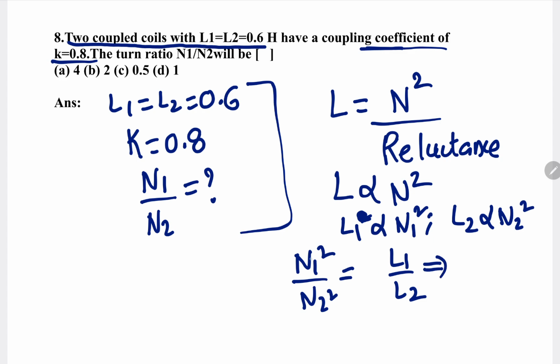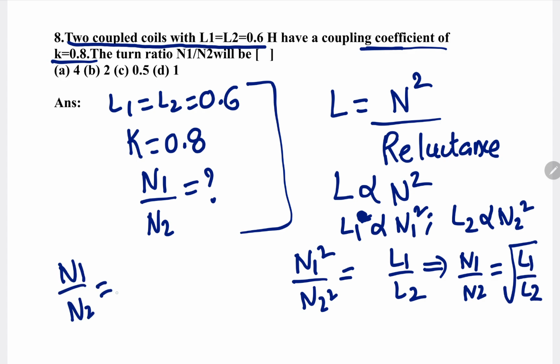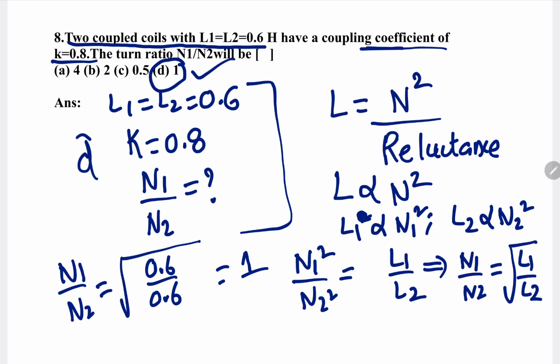But I want only N1 by N2 value. So N1 by N2 is equal to root of L1 by L2, that is 0.6 divided by 0.6, that is equal to what value? 1. So the turns ratio N1 by N2 value is 1. Answer is D.